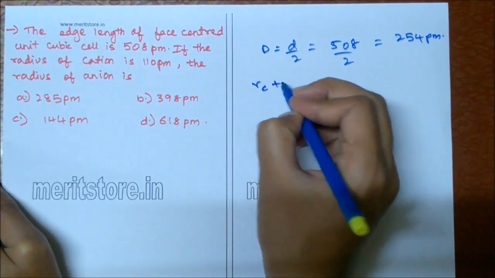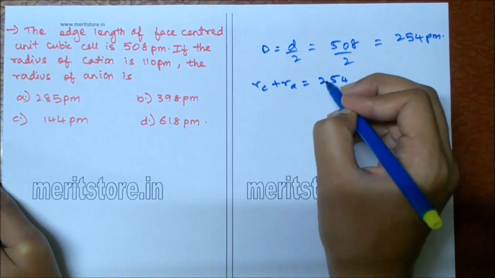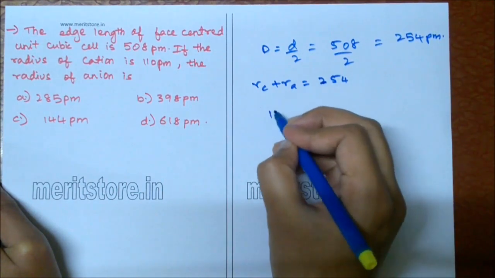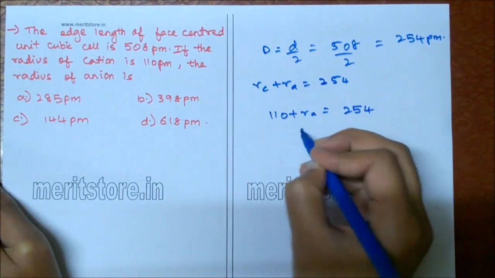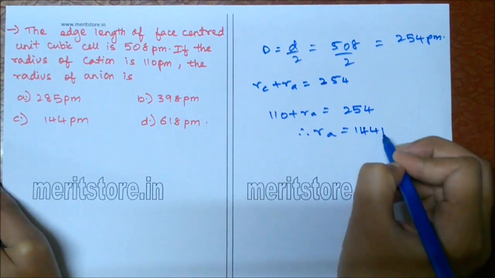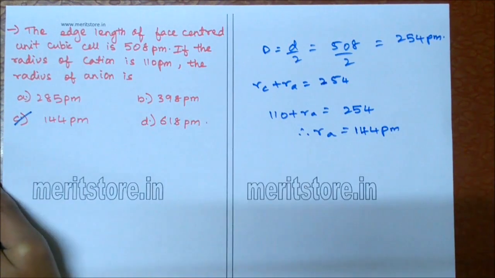So rC + rA, the radius of cation plus anion, is 254 picometer, or 110 + rA = 254. So the radius of the anion will ultimately be 144 picometer. So option C is the correct answer.